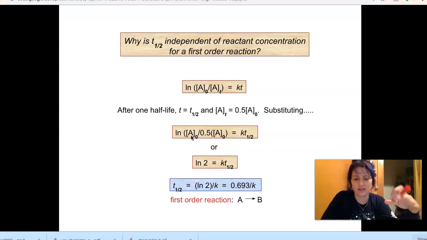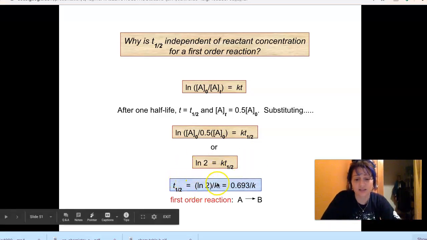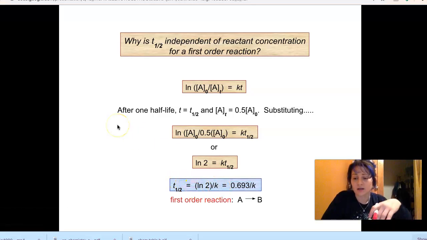In doing so, you cancel out that term and end up with ln of 2 equals k times T1/2. Rearranging that function, if you divide by k on both sides, you're left with T1/2 equals ln 2 over k. ln 2 is a constant, that's a number actually. When you calculate that out, it ends up being 0.693 over k.